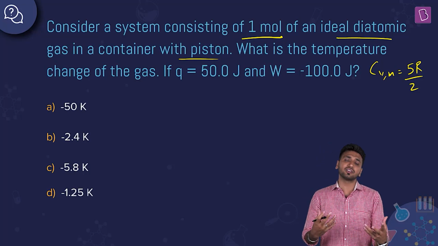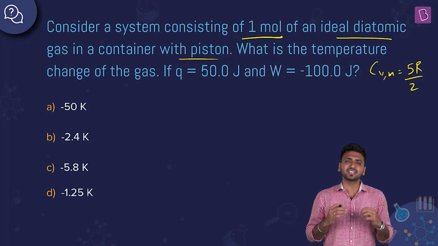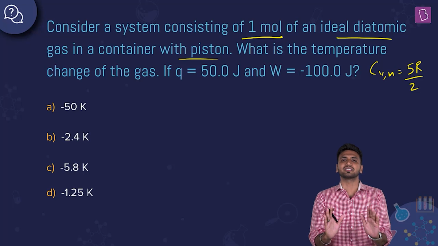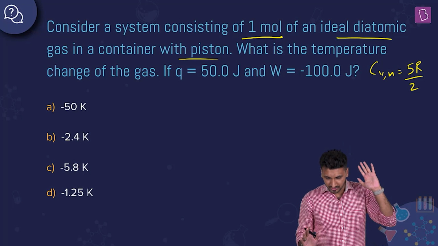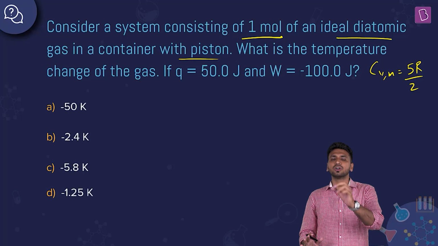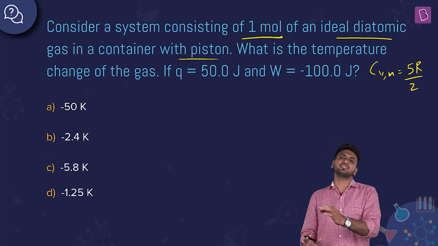There is also one vibrational degree of freedom, but we do not consider that at normal temperature. It is only considered at very high temperature. So 3 translational plus 2 rotational is 5. The value of F is 5, so CV is 5R by 2.